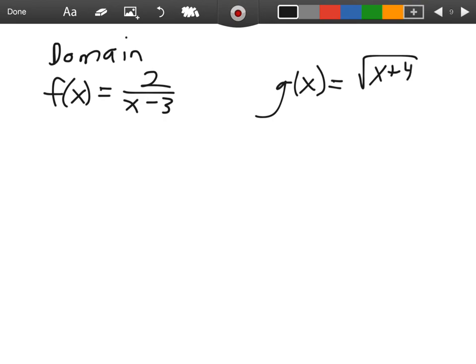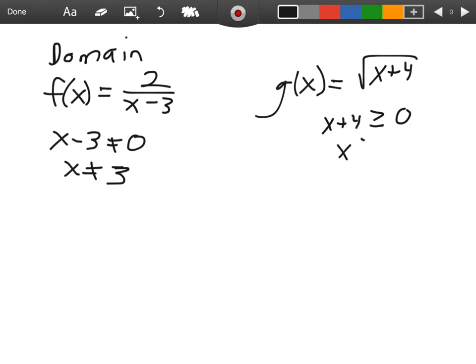Well, we have to point out here that because of f of x, that bottom part cannot equal 0, so x cannot equal 3. And then over here I need to point out, because of g of x, what's under the square root always has to be greater than or equal to 0, so x has to be always greater than or equal to negative 4.